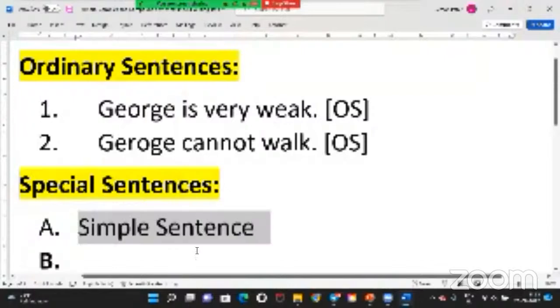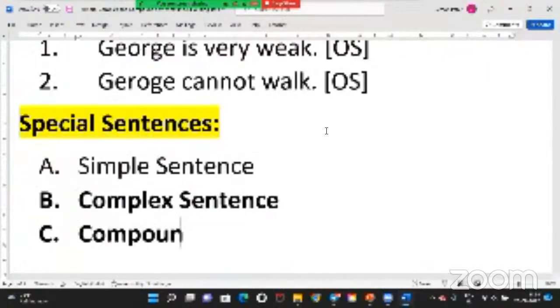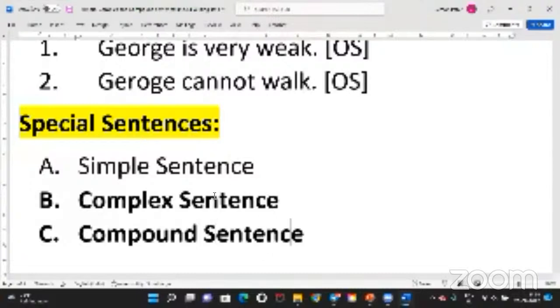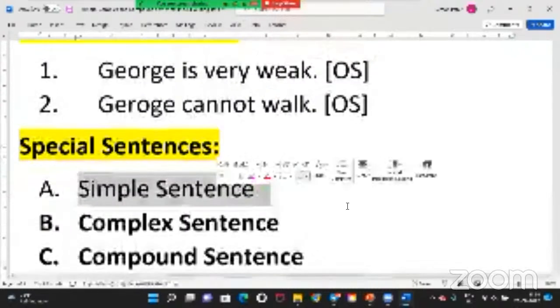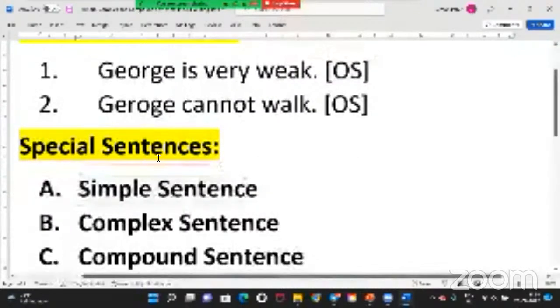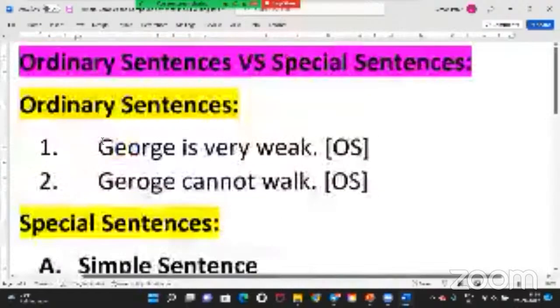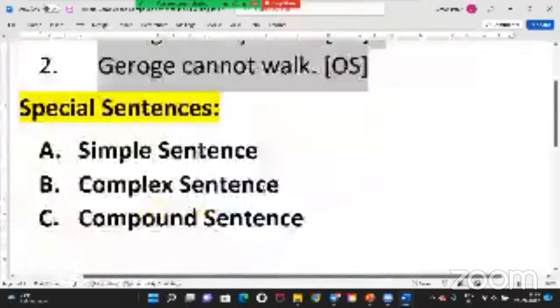Then complex sentence. Then compound sentence. So simple, complex, and compound sentence. These are three special sentences. So you can join these two sentences and make one sentence using simple style or complex style or compound style.